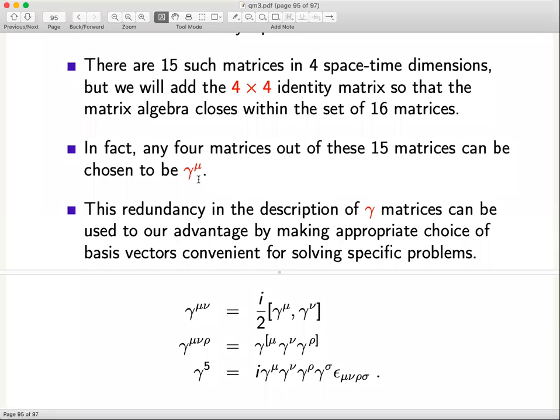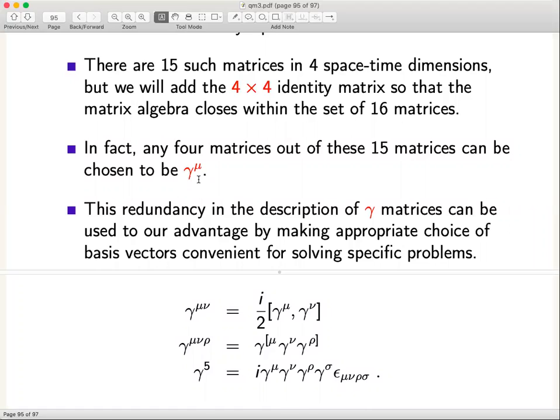Like for example, there is a choice called, I think, the Majorana basis. That is a basis in which all gamma matrices that you write down, all gamma mu's are purely imaginary. All entries in the matrix are purely imaginary. That is just a specific choice out of these 15 matrices that he picked. And if you do that, then remember your Dirac equation has an i h bar times something or other, either del del t or alpha dot del or some such thing.